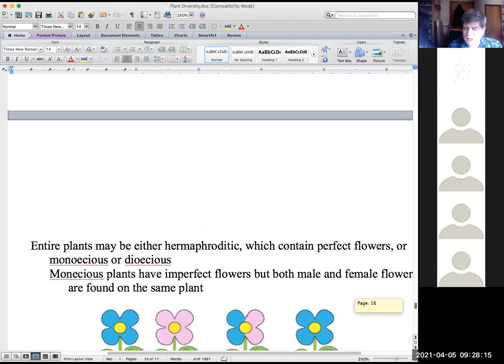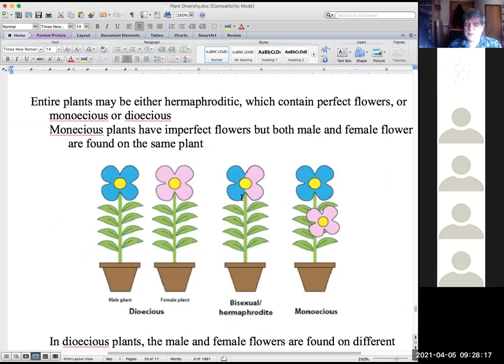And what we see with the flowering plants is there's three possibilities. We're going to start over here on the right. There's plants that are called monoecious. And mono means one. Ecious actually refers to house. Comes from the same root word as ecology.